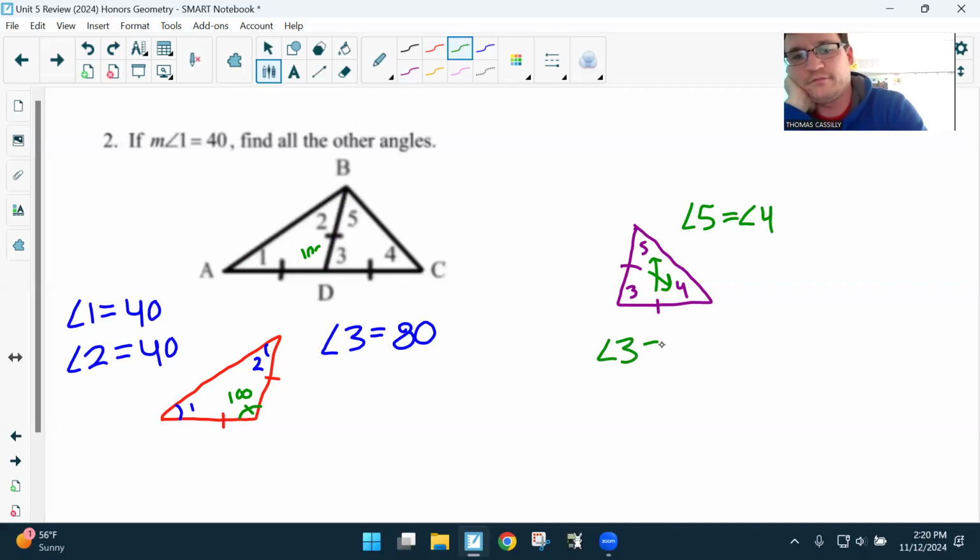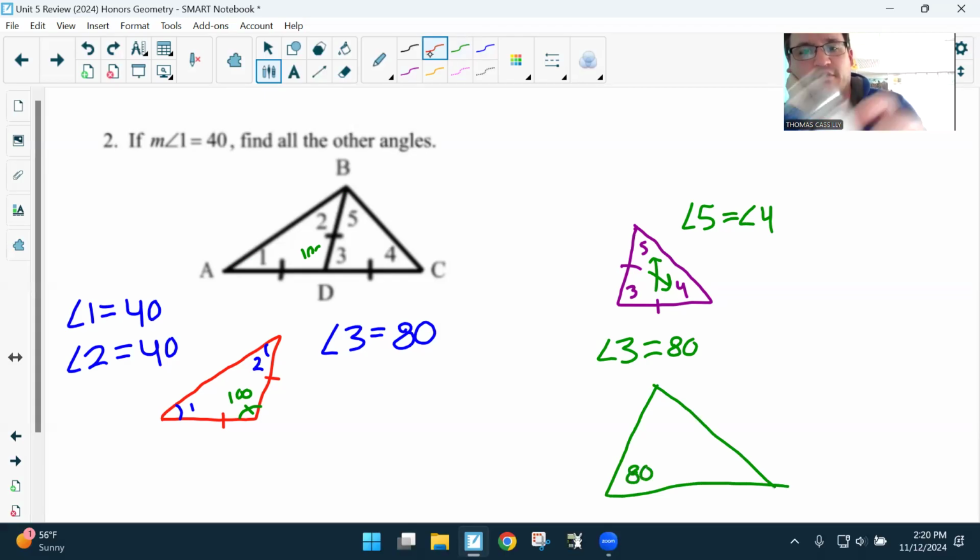Angle 3 equals 80. So here, we can set up an equation, right? This is an 80-degree angle. We need to figure out the other one. So I'm going to call this guy x. And I'm going to call the other one x, right? Because angle 5 and 4, we don't know what they are. We just know they're equal. So let's make an equation. We know x plus x plus 80 equals 180.